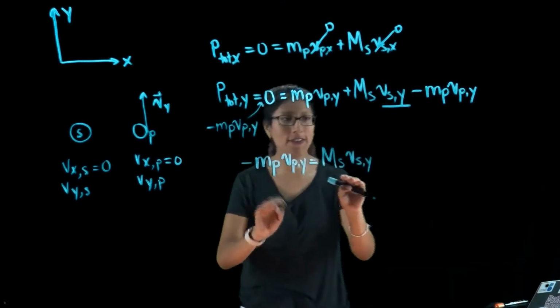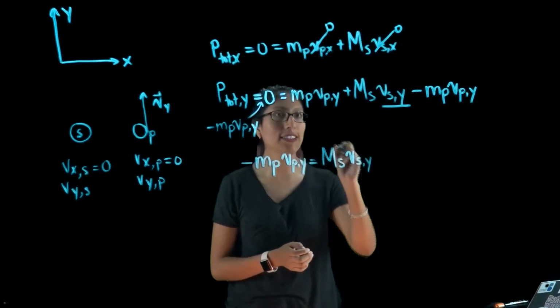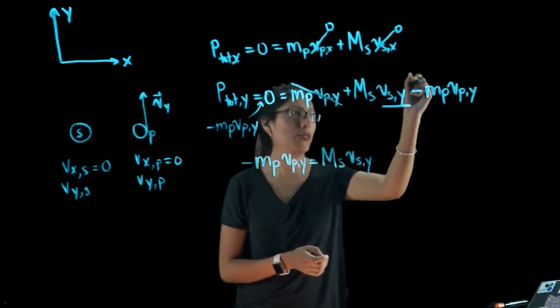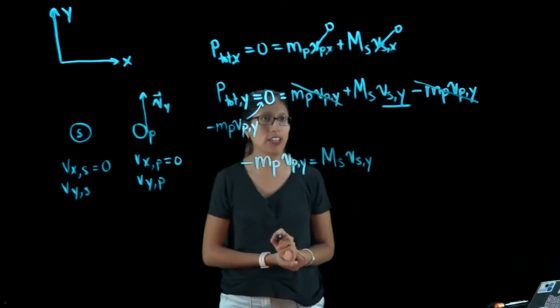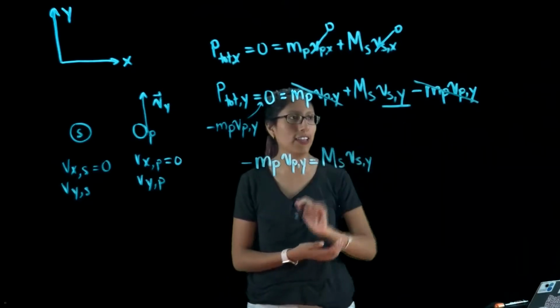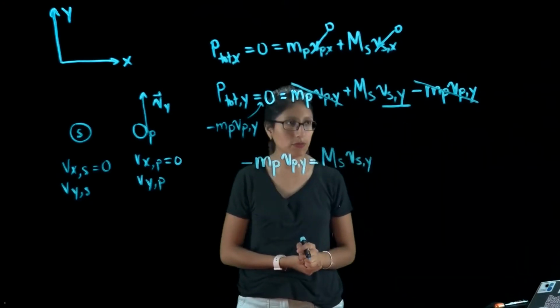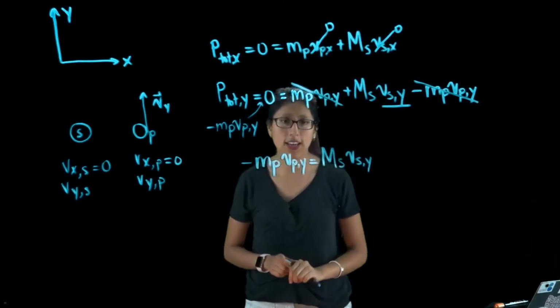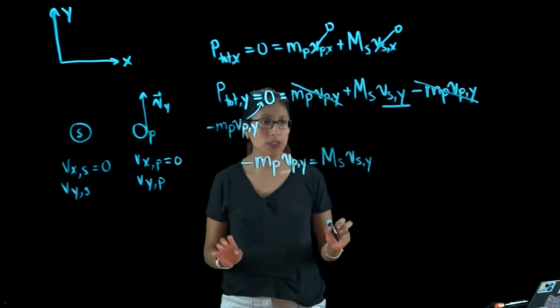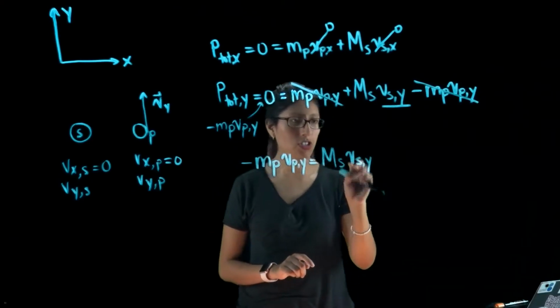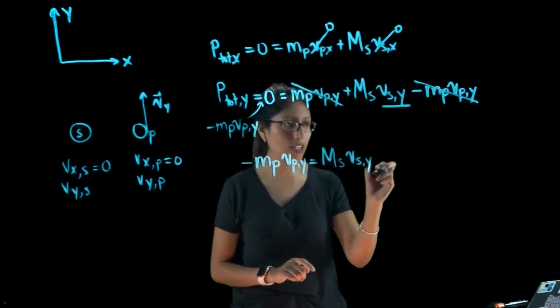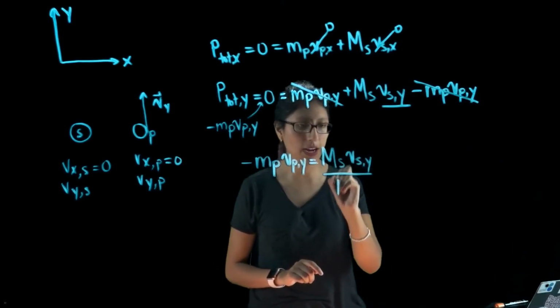So now we have this equation. Because these two canceled out, a positive and the negative, we're left with this. Now, since again we want to solve for just the velocity of the sun, we're going to divide each side by the mass of the sun.